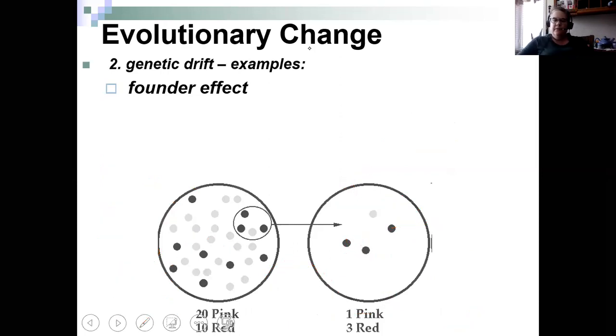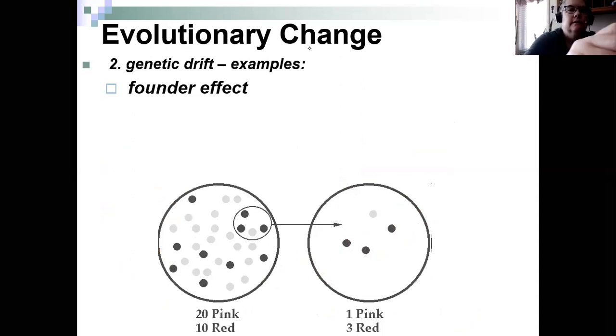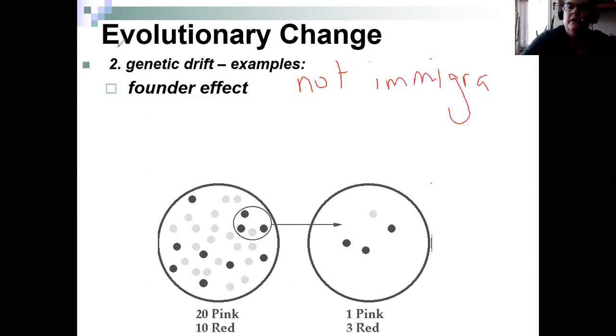So what's happening with the founder effect? The first thing I want to write up here is this is not immigration. What I mean by that is these individuals are not joining a pre-established colony.